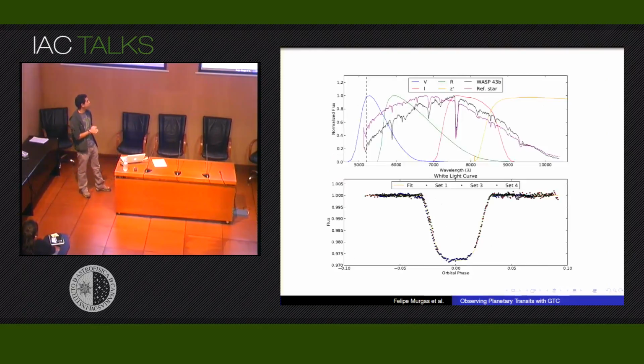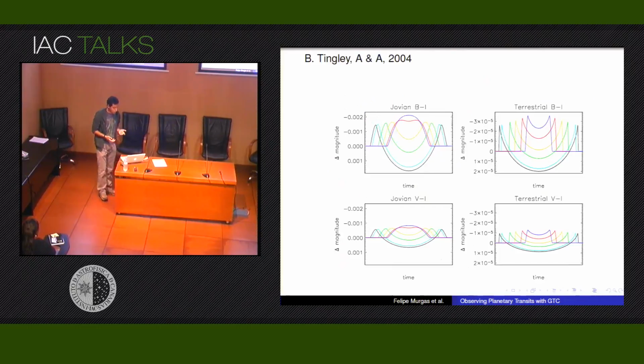But anyway, with a different data set that we have for WASP-43, we can get a full transit, and with that we can separate this light curve into different filters, the Johnson filters. What we can do with this, for example, is study the color signature of the planet. This is something that Brandon Tingley has been working on for some time. You can study the color signature of a planet when it passes in front of the star.